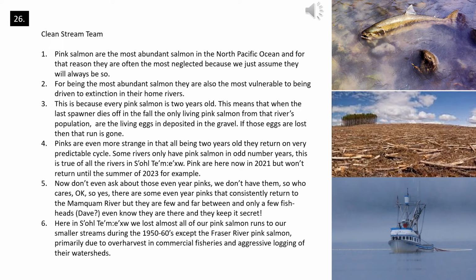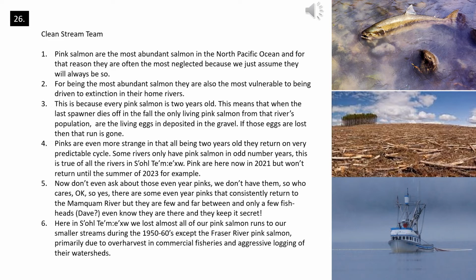So what happened in Squamish in the 50s and 60s, we basically lost all our pink salmon runs to the smaller streams. And the only runs that really sustain themselves are on the big rivers that were big, healthy, and somewhat stable. That's the Fraser River, the Harrison River, and to a certain degree the Chilliwack River.